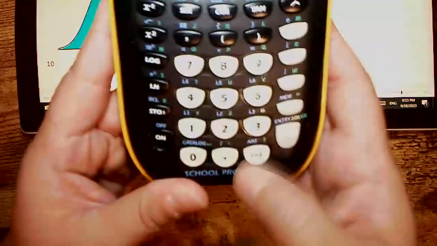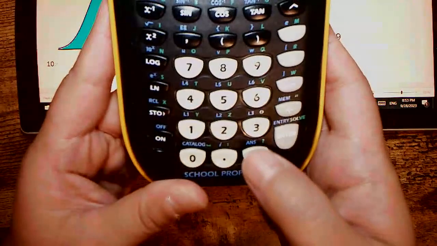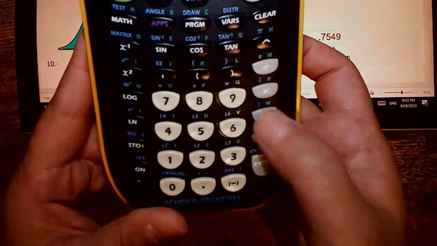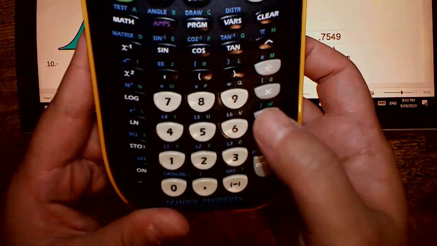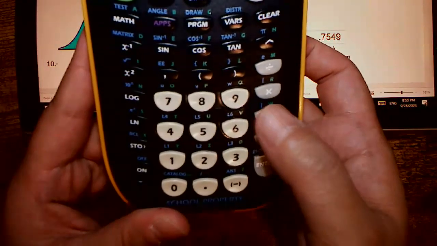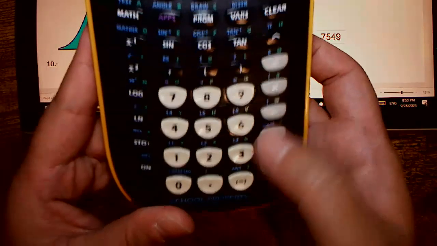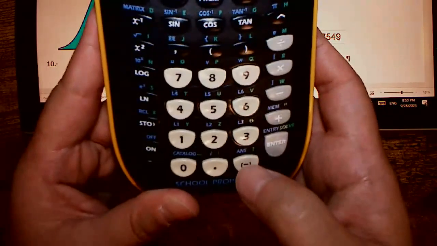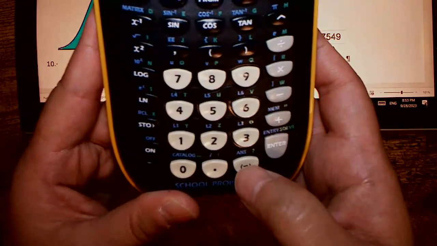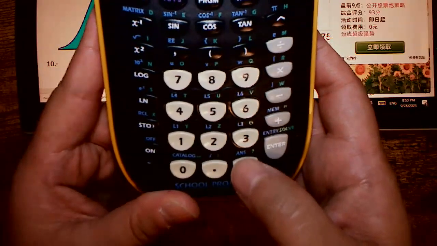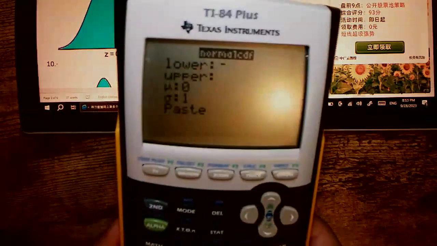You need to pay attention here. Negative on the calculator is not a minus sign. Please don't use that, you're going to struggle and always get an error, because that's not negative, that's a minus. In order to enter negative, you need to use this key in the parentheses. That is a negative, okay?